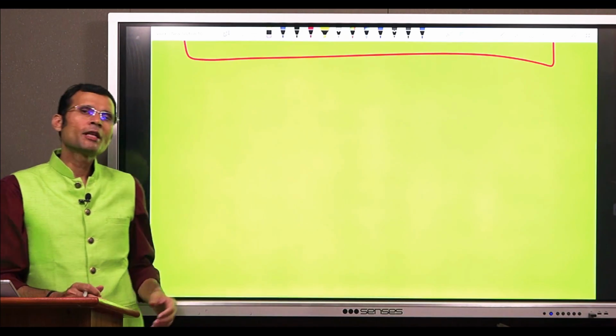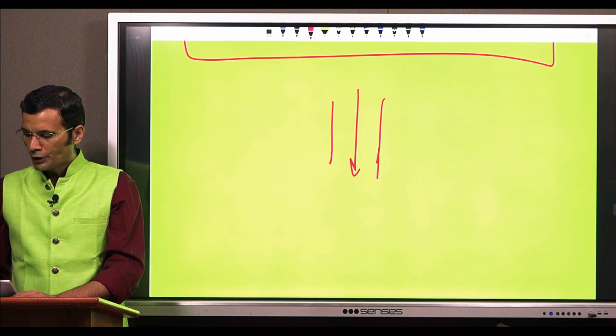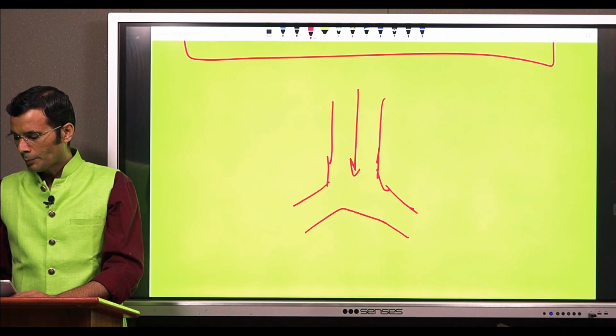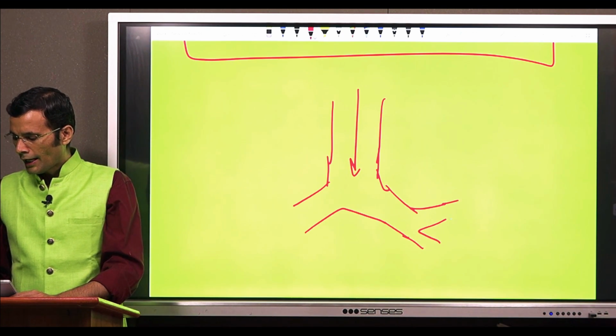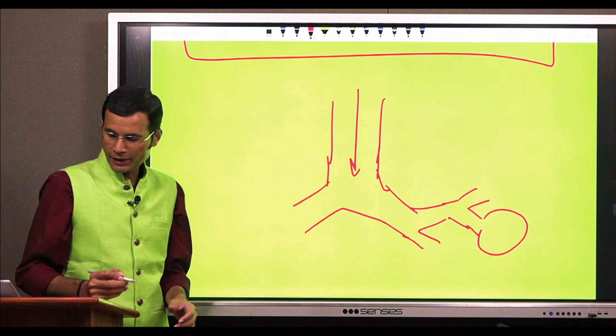So, starting with the very basic, we inspire oxygen, it goes through the respiratory passages, and finally it reaches the alveoli. This is a diagrammatic representation.